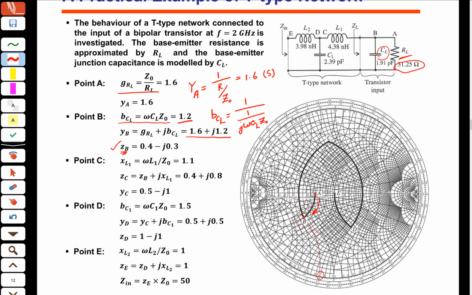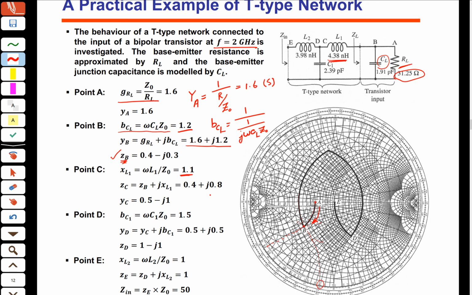All right. Now I'm going to add this amount of reactance to my circuit, which comes from the value of the L, which is 1.1. So how did I find this? You have this value for the L, 4.4 nanohenry, and you know the value for the omega.